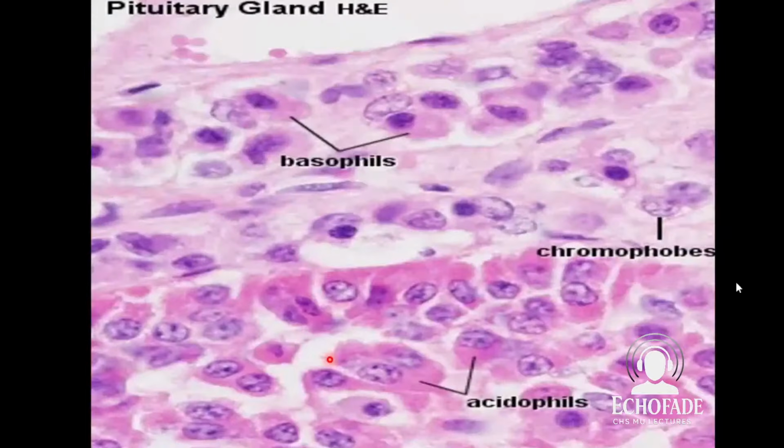Just to show the chromophobes with H and E, notice the acidophils deep staining, the chromophobes not picking up any stain, and basophils taking basic dyes because they contain a lot of rough endoplasmic reticulum.